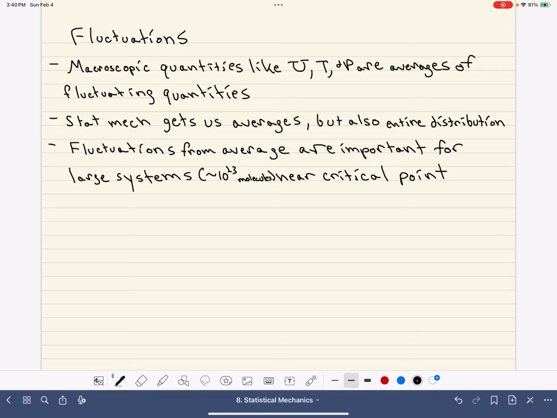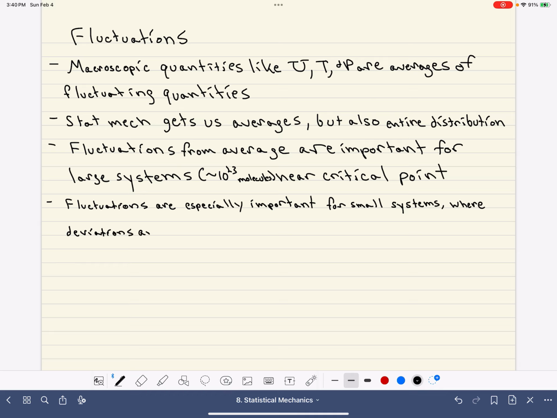Furthermore, fluctuations are especially important for very small systems, and that's because in these very small systems, deviations, or the fluctuations from the average, may have values that are just as large as the average themselves.